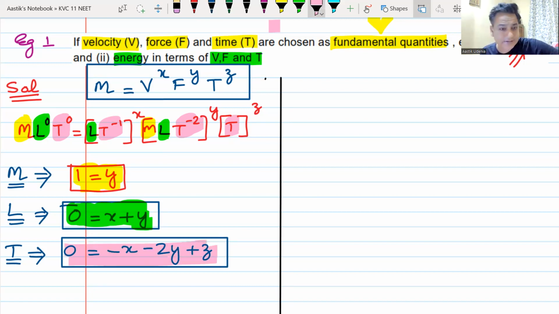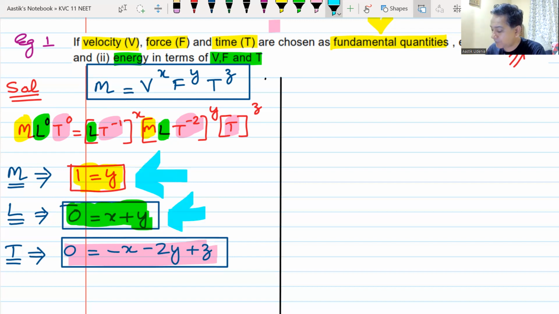You can very easily solve this equation, which I would leave for you to do. I don't want you to note down everything. You should be able to find out the value of x, y, and z. Y has already come from here, 1.